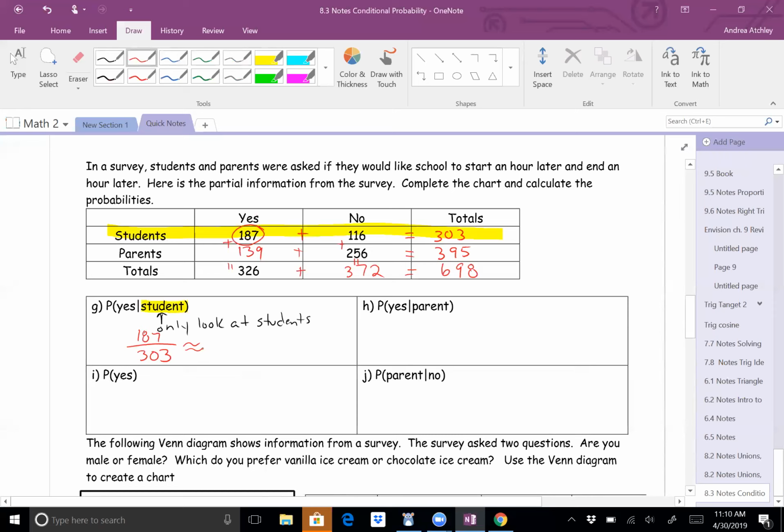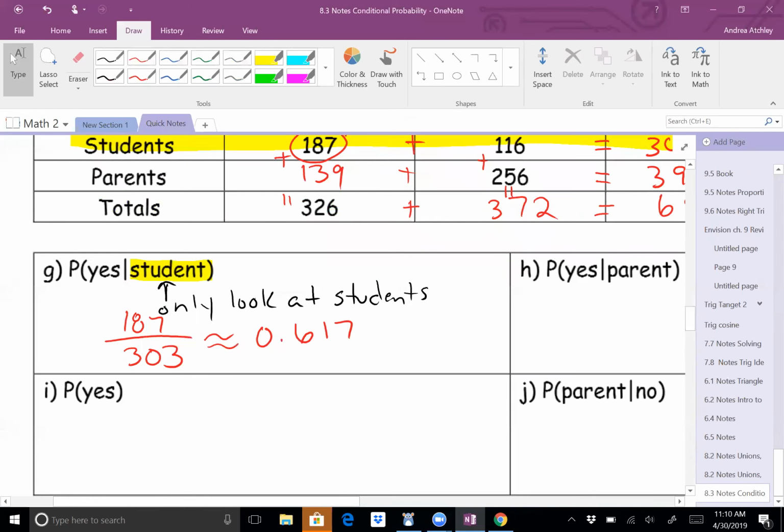So what percentage of students wanted to start later? So it's 0.617. The 7 makes the 1 move up, and I move my decimal over twice, and I get 62%.